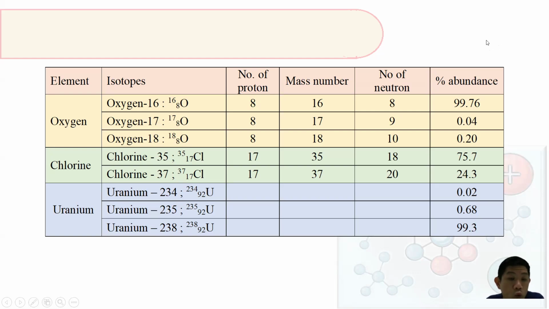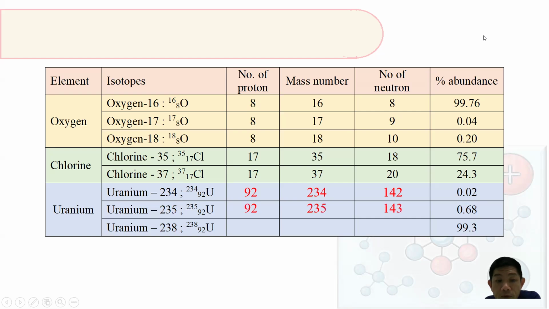Chlorine exists naturally as two isotopes, namely chlorine 35 and chlorine 37, with different numbers of neutrons and percentages of abundance. And then finally, uranium. Do you think you can fill in the blanks by yourself? As you can see, uranium-234 has proton number 92, mass number 234, hence 142 neutrons.